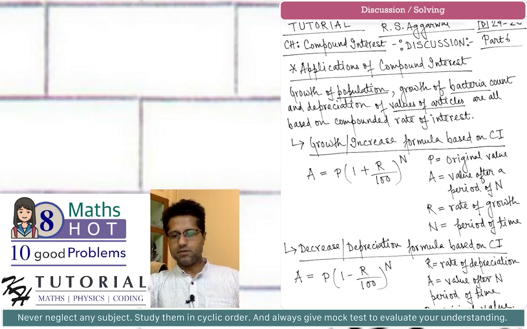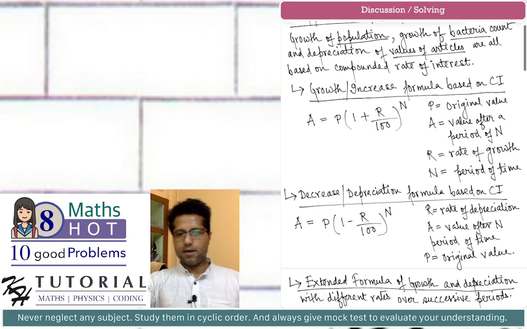Similarly, the decrease or depreciation formula is A equals P multiplied by (1 minus R by 100) to the power n. Instead of plus, we are having minus. So as usual, P is the initial value, A is the value after period of time n, and R is the rate of depreciation. As for the growth or increase formula, the rate could be per annum, or it could be per hour.